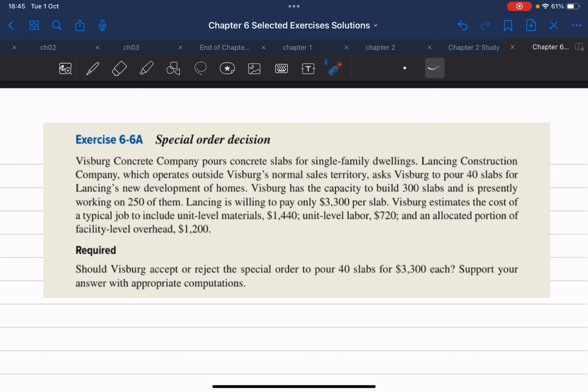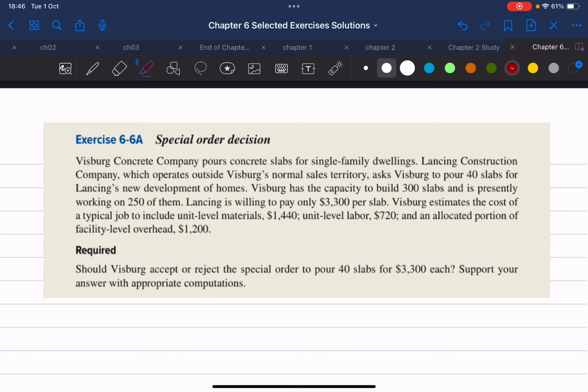All right? Now, I'll go over the few details here that are important to us. The second step, after we decided that Visberg actually has the capacity to meet that special order, now we need to decide what kind of information is relevant.